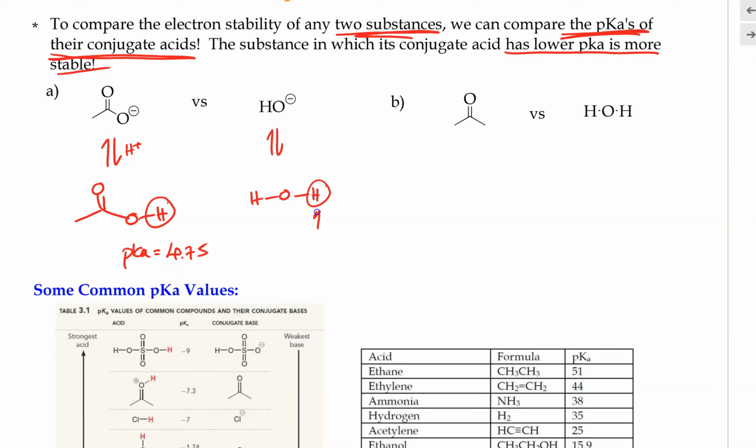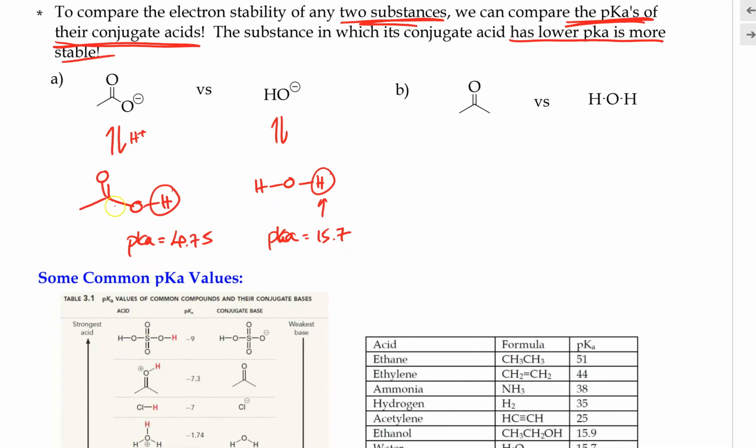And the pKa value of water is 15.7. So we will see that this acetic acid right here has a lower pKa value. And that basically means its conjugate base, which is acetate, would be more stable. So that's how we can determine between acetate and hydroxide which one is more stable.